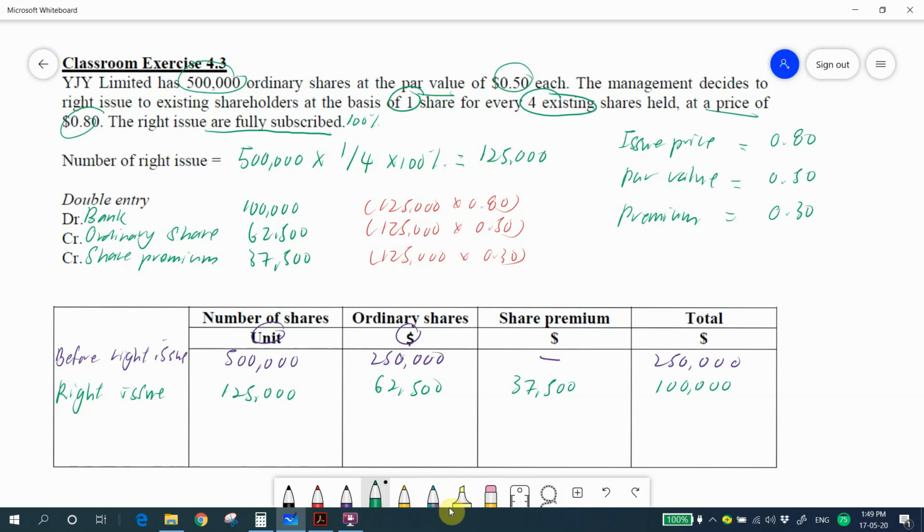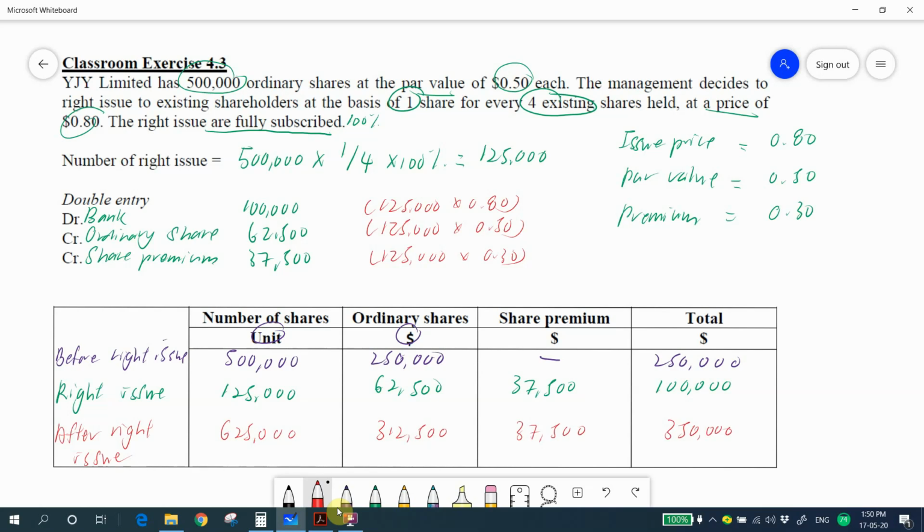I use 62,500 plus 37,500. And next, after the rights issues, my number of shares increased to 625,000. My ordinary share capital value increased to 312,500. Share premium is 37,500, and finally the total equity of the company is 350,000.